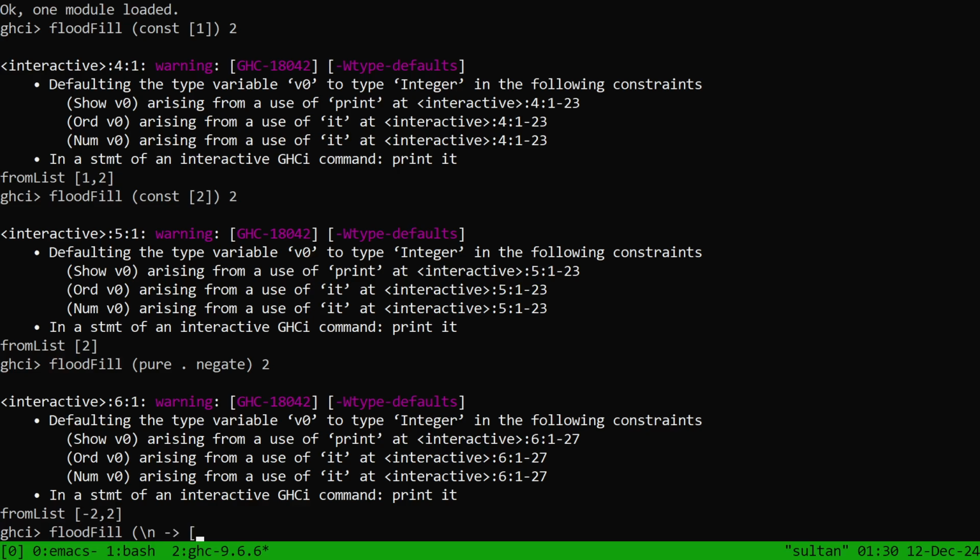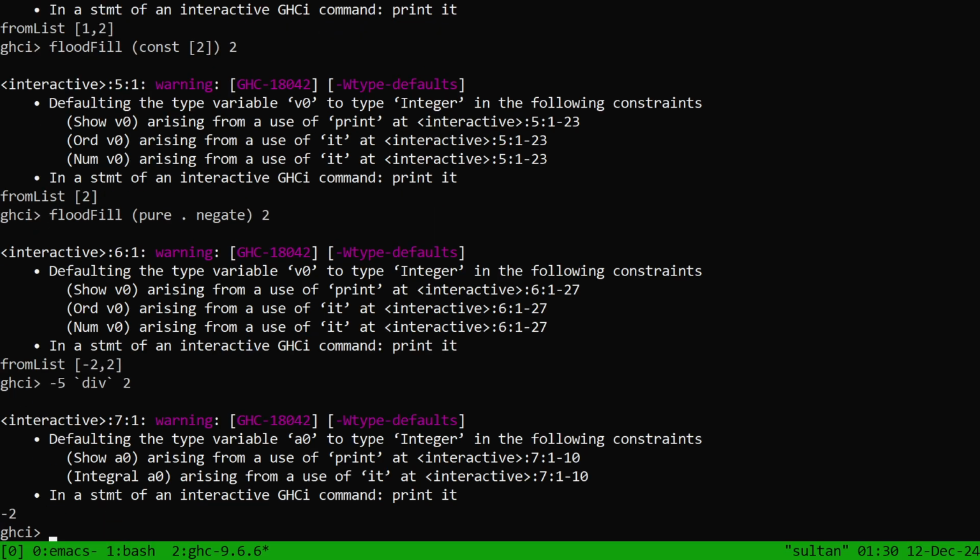So n is connected to both n div 2 and minus n. Is that legal? Like, would that produce a good answer, do you think? 5 connects to -5. Oh, what do you get if you divide -5 div 2? It's -2.